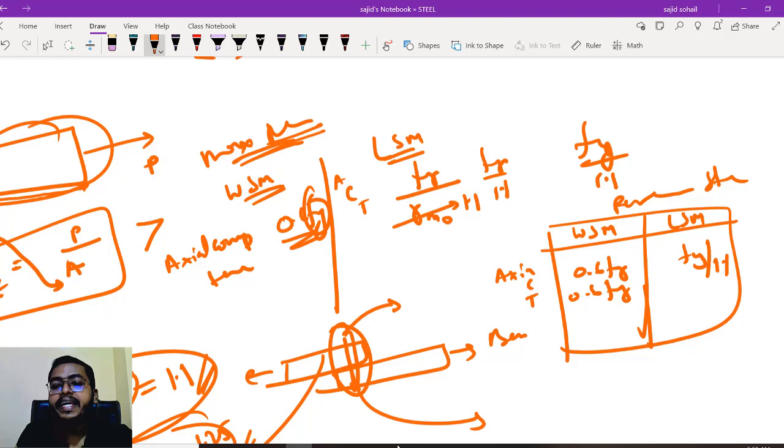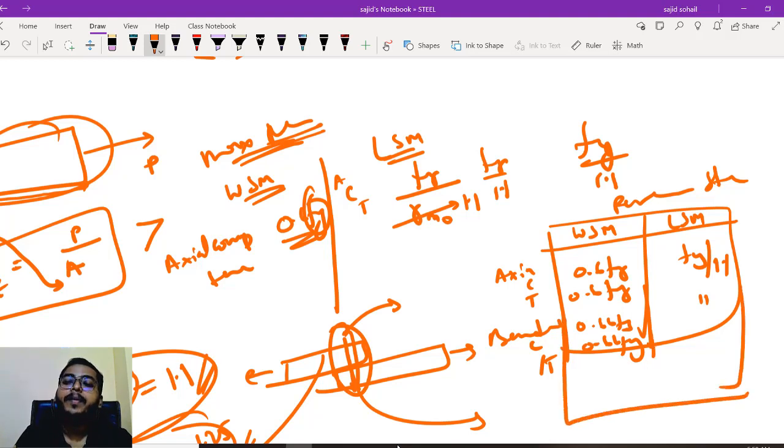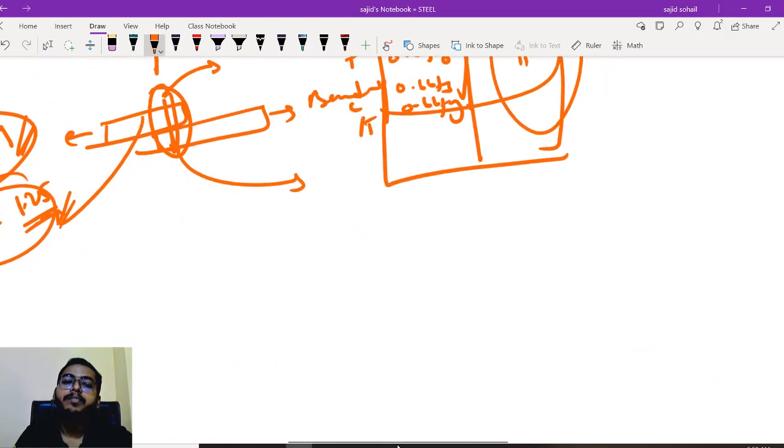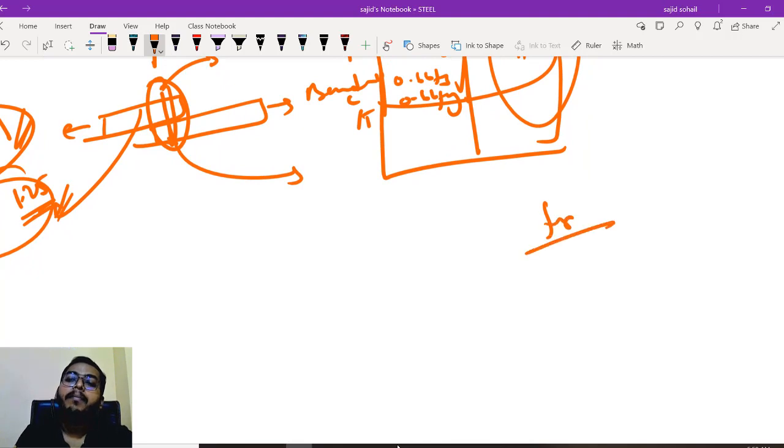When it comes to bending compression and tension, it is 0.66 Fy and 0.66 Fy, whereas in LSM it is again Fy by 1.1. There won't be much difficulty in LSM because for most things it is Fy by 1.1. The only thing which changes is shear stress. What is the maximum permissible stress for shear? Fy by √3 into 1.1, right?